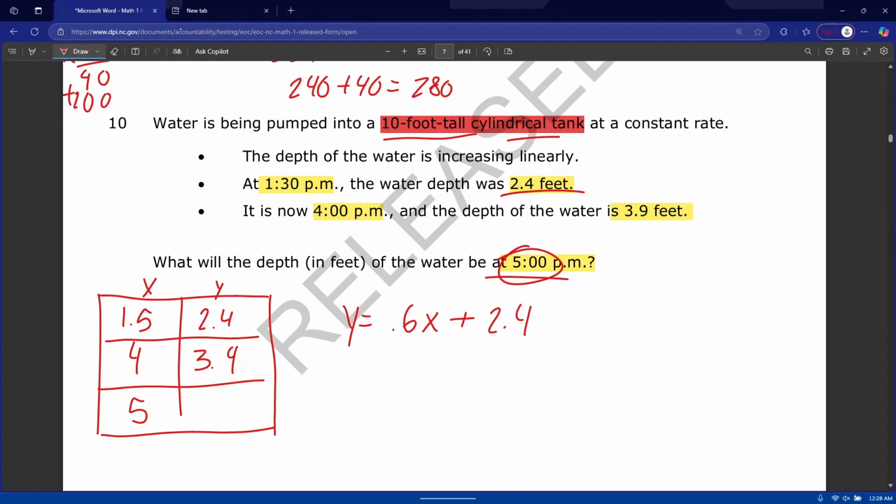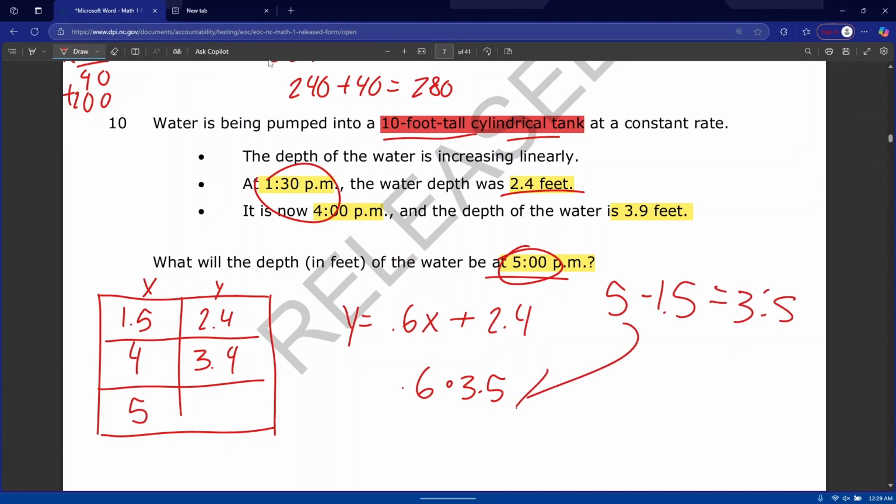Okay, so what we do is we multiply 0.6 by 3.5. And why 3.5? Well, from finish to start, 5 minus 1.5 equals 3.5. So this is where we get this.